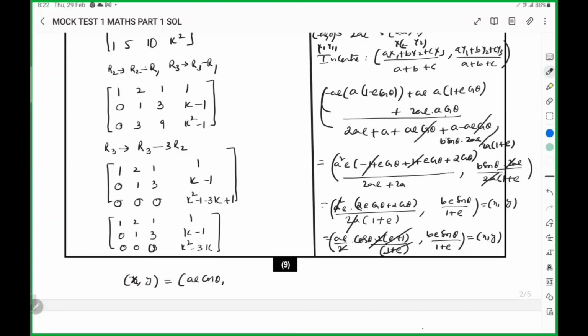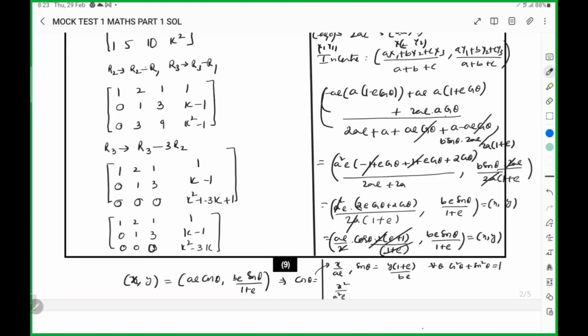So X is A cos theta comma Y is BE sin theta by 1 plus E. Here cos theta is X by AE and sin theta is Y into 1 plus E by BE, and sin squared plus cos squared is 1 for all theta.